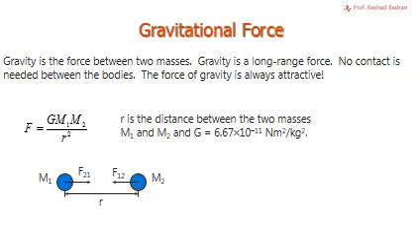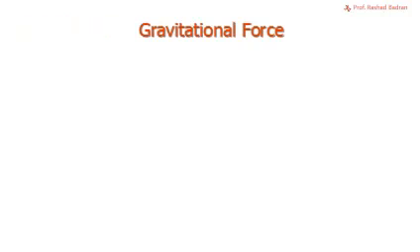G has a value of 6.67 times 10 to the minus 11 newton meter squared per kilogram squared in the System International. As we said before, the gravitational force is equal to G times the product of the interacting masses, divided by the distance between them.